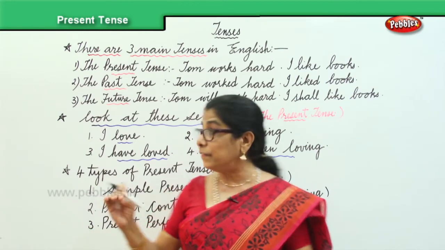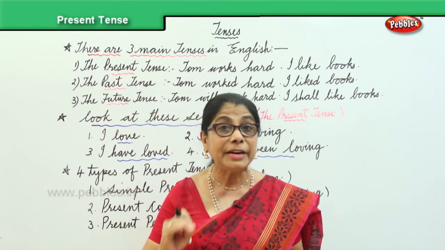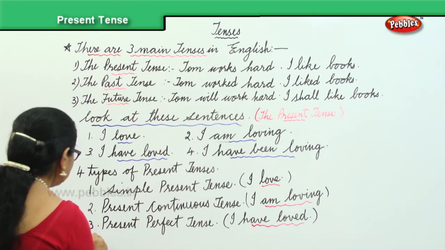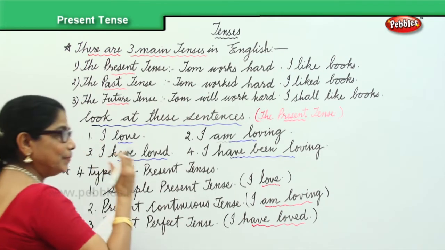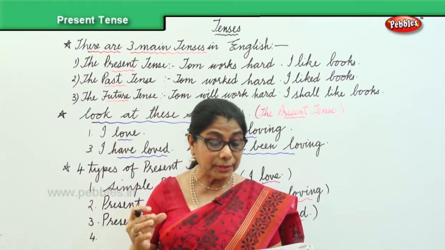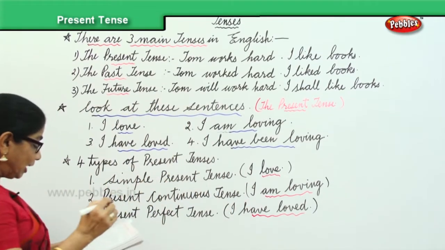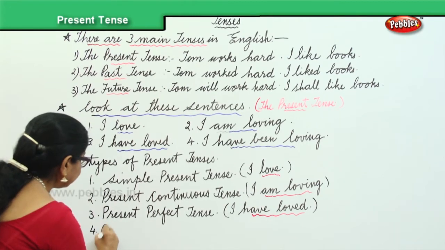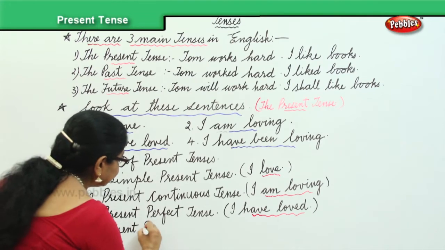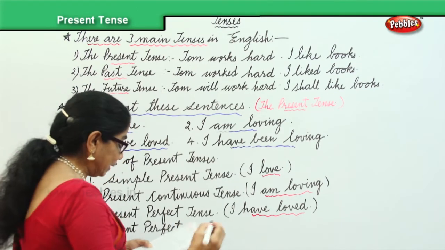And hence, the verb have been loving is in the present perfect continuous tense. So the fourth type is have been loving, the action is going on, continuous and in the present time. Therefore, the verb have been loving is said to be in the present perfect continuous tense.